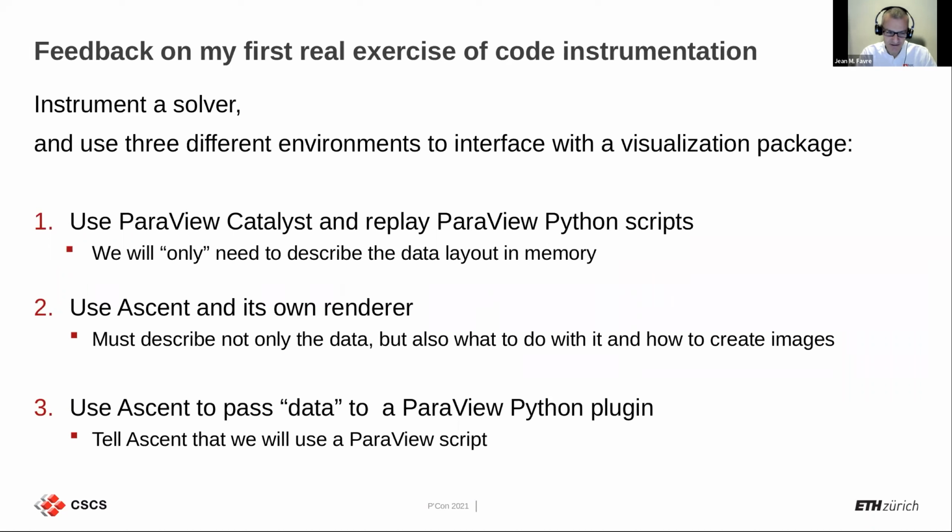And then the third solution, which is a hybrid solution, uses the data description that is created for ParaView-Catalyst, feeds that to Ascent, and has Ascent read and execute ParaView Python scripts. And we will see that this is also quite an attractive solution. I'd like to advertise this solution.